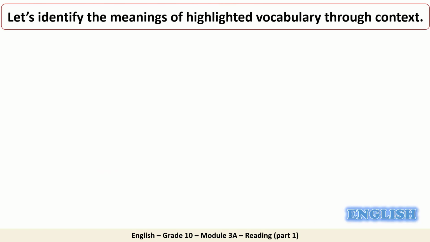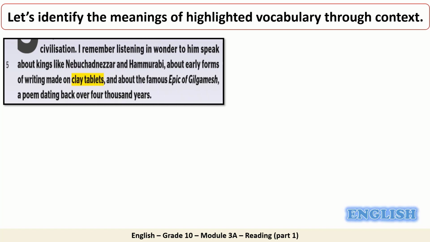Alright students, now let's start with the first vocabulary. We will read the sentence from the start. I remember listening in wonder to him speak about kings like Nebuchadnezzar and Hammurabi, about early forms of writing made on clay tablets, and about the famous Epic of Gilgamesh, a poem dating back over 4,000 years.